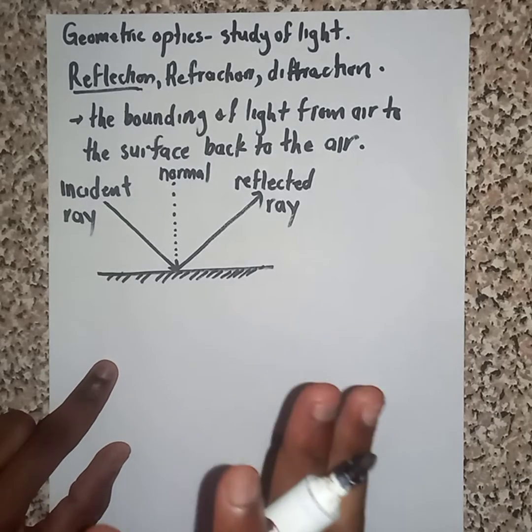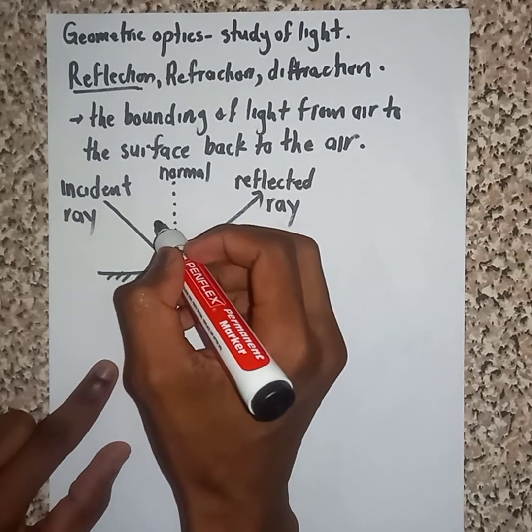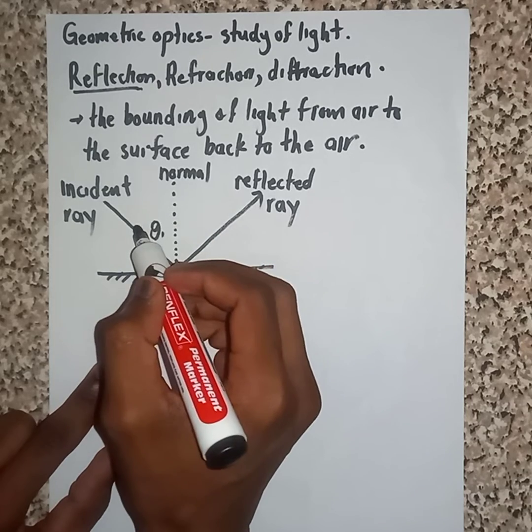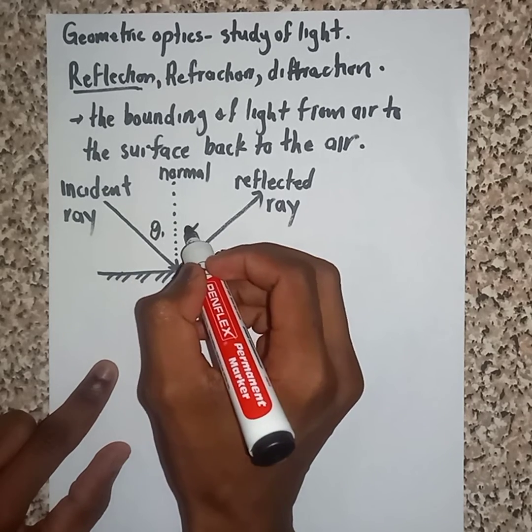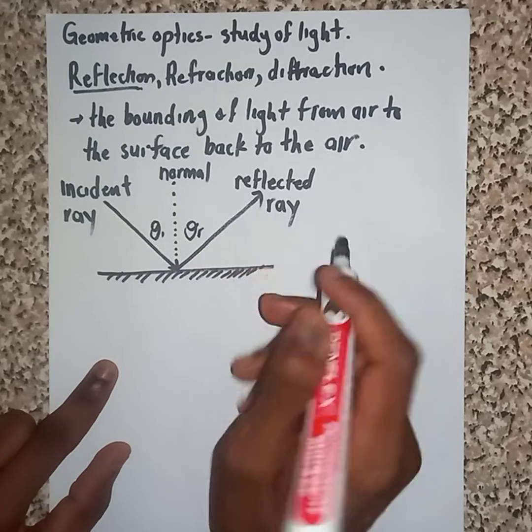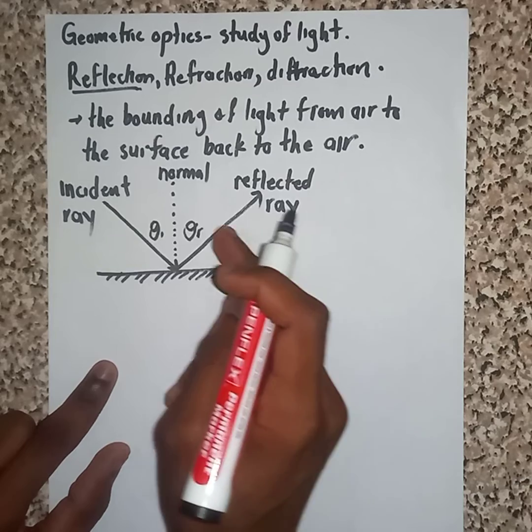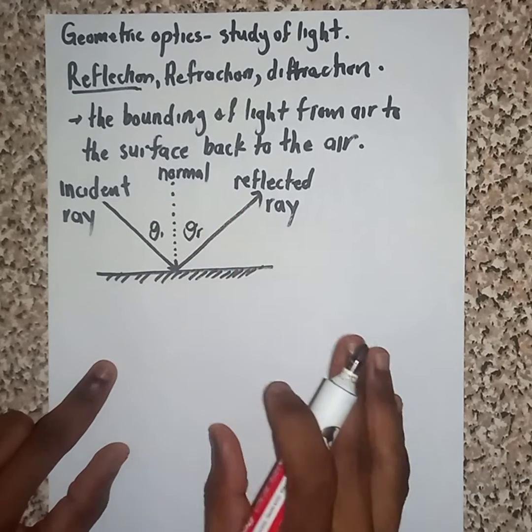Now we have two angles. Firstly, we have the angle of incidence, which is between the normal and the incident ray. We also have the angle of reflection, which is between the normal and the reflected ray.